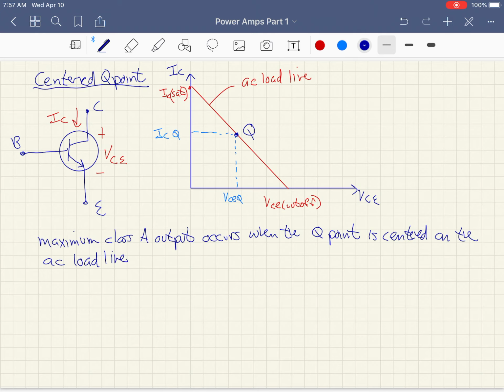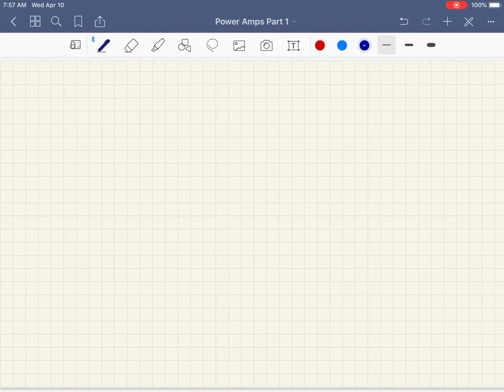Okay, I'm going to flip a new page here, and I'm going to draw it bigger. So I'm going to draw a load line again. Make sure I leave myself enough room.